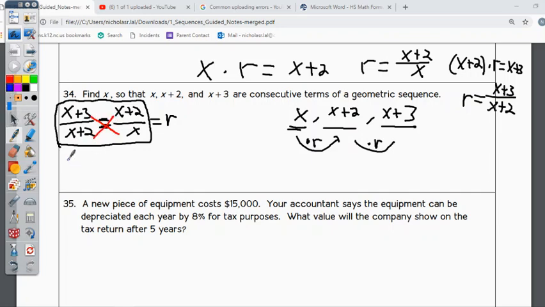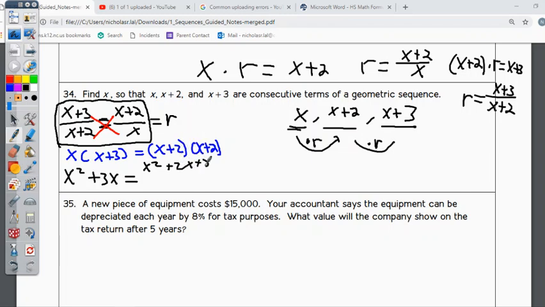So x times x plus 3 is equal to x plus 2 times x plus 2. x times x plus 3 becomes x squared plus 3x, which is equal to x squared plus 2x plus 2x plus 4. That means x squared plus 3x equals x squared plus 4x plus 4.